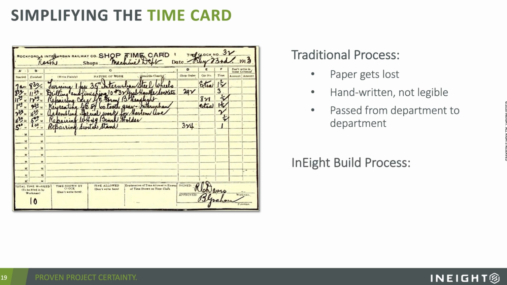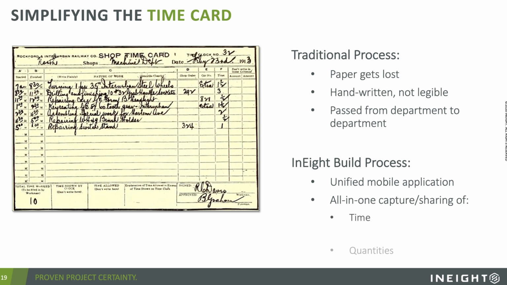And what we've tried to do with the InEight build solution is, again, to simplify that process. Using a unified mobile application for all of the things that you used to use that piece of paper for, including the all-in-one capture and sharing of time, quantities, and your daily field log.